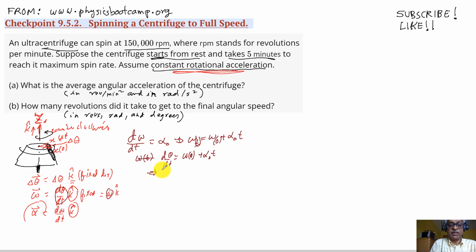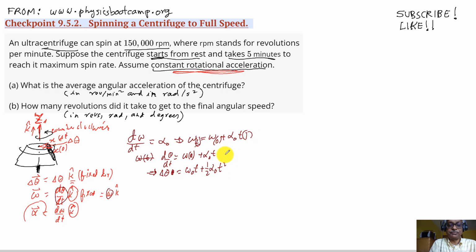Integrating this, delta theta will be omega at 0 t plus half alpha 0 t squared.